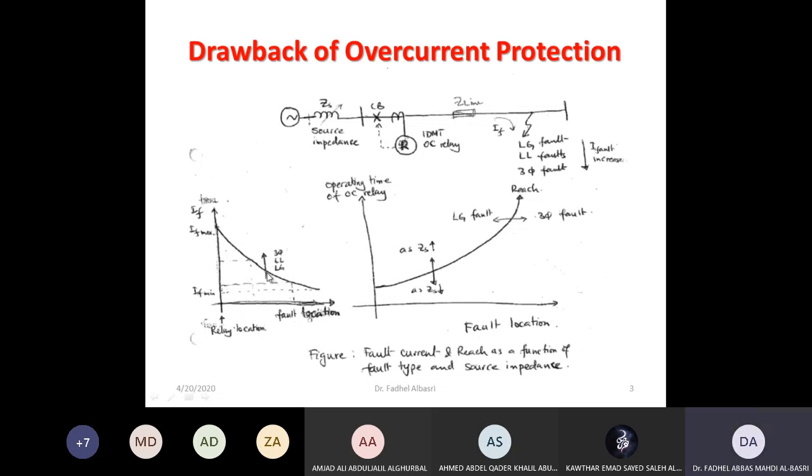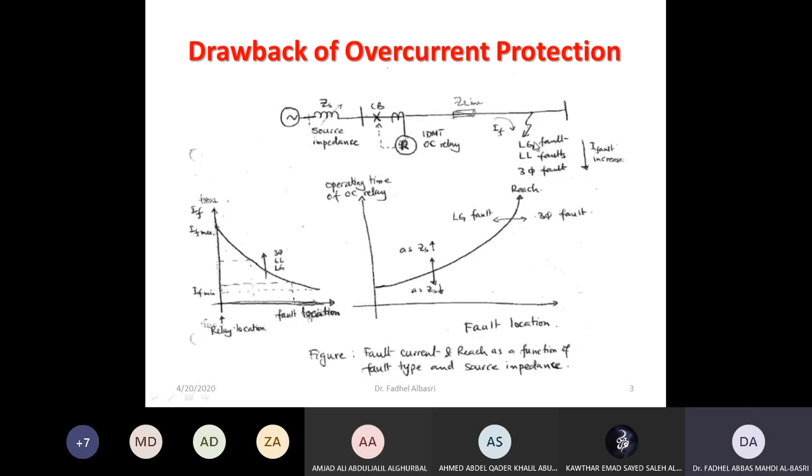okay, its time varies as the type of fault changes. Suppose the fault is at the middle of the line. For a line to ground fault, I will have a different current. For a line to line fault, I have a different fault current. For three-phase faults, I have another fault current. For three-phase, I have higher current than line to line.